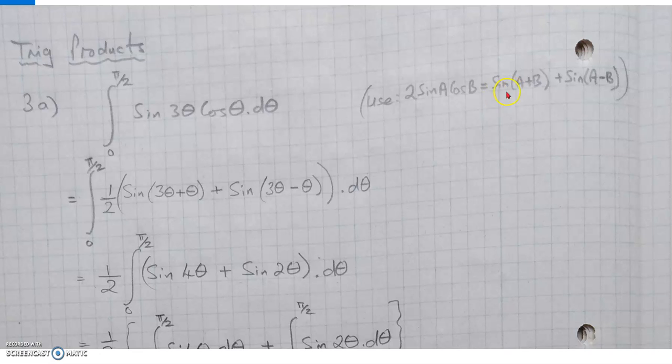Okay? Now, this is the sine of the sum of the angles, whatever A and B are, plus the sine of the difference between the two angles. Be very careful with this 2 that's multiplying this part of the trig identity, because if you just write sine A cos B equals, then really you can cross multiply this 2, and it's all of this multiplied by a half or divided by 2.